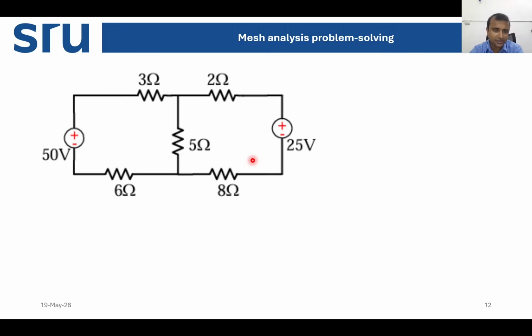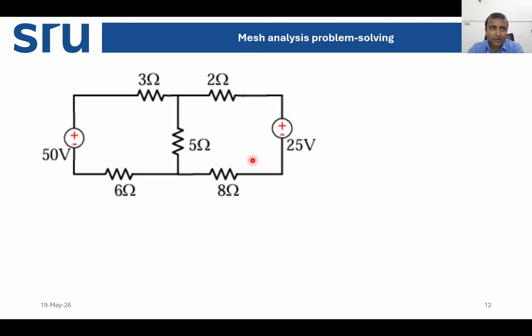So it is much more advanced than the source transformation problem. Similarly, by Norton's theorem, the same circuit can be transformed into one current source and a parallel resistance.